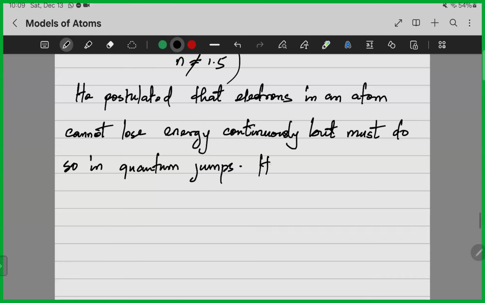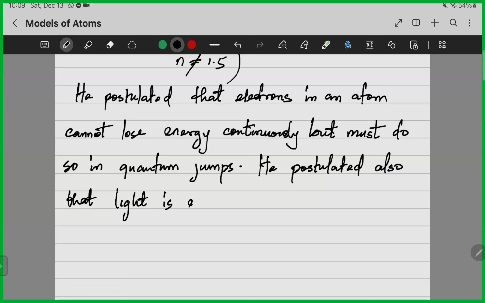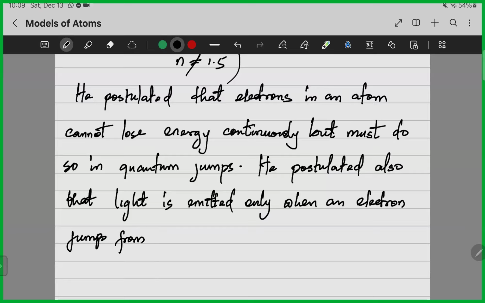Now, he also postulated that light is emitted only when an electron jumps from, and we say emitted, we say released. That's what I was saying before.